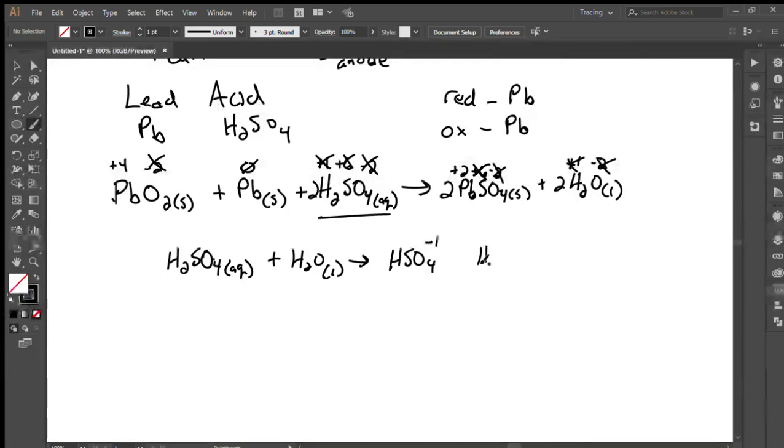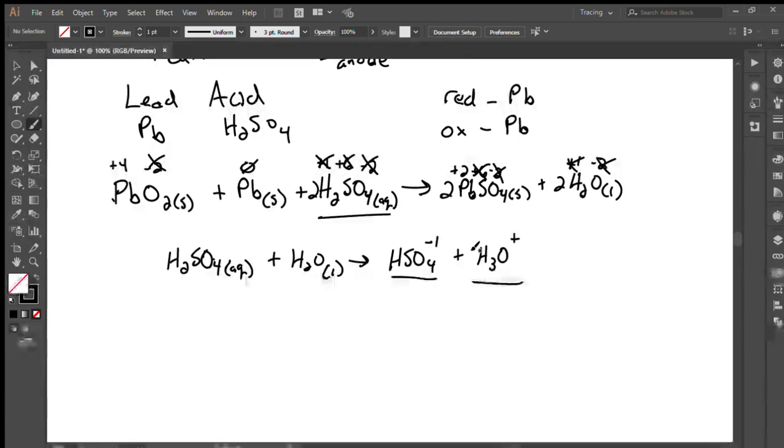Water then is going to gain the extra hydrogen, but not the extra electron. It's going to get a positive charge. So this is our negative ion and our positive ion for our salt bridge in the middle. So that's how that works. This is called a wet cell.